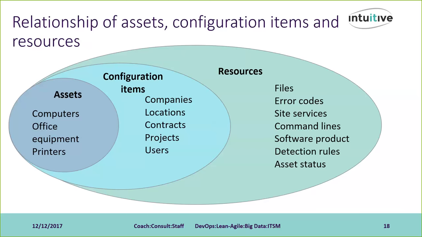So when referring to an item, you may want to use the term that is most appropriate and easily understood. The idea behind this is when speaking to the different departments, you're speaking their language. If you're having a discussion with the accounting department about a computer, you might call it an asset.